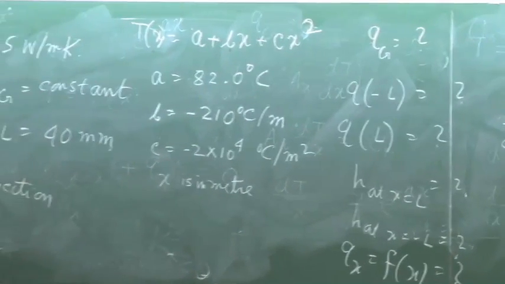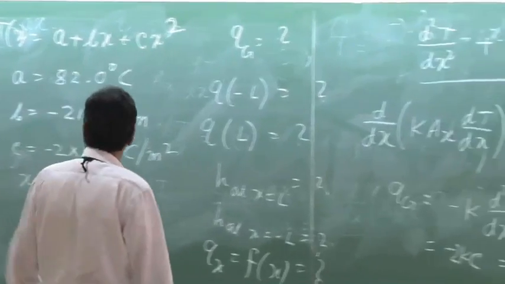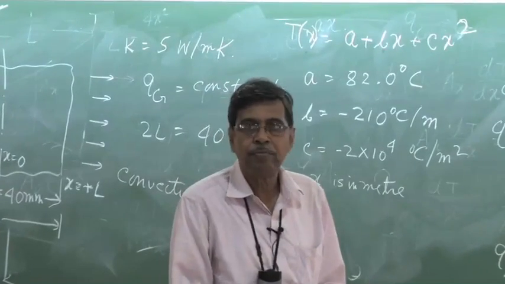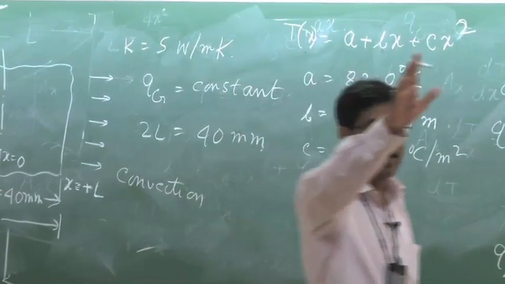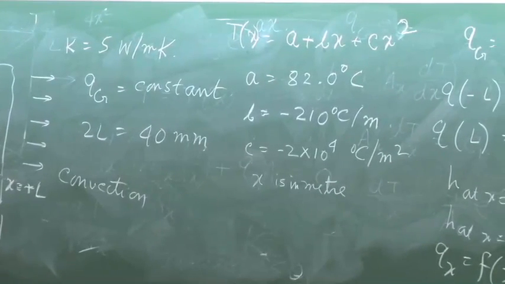It is minus, plus 20 into 10 to the power 4 watt per meter cubed. So that you can get the answer. Okay? Alright. Any problem? Very simple. Hello? Do you have a problem?